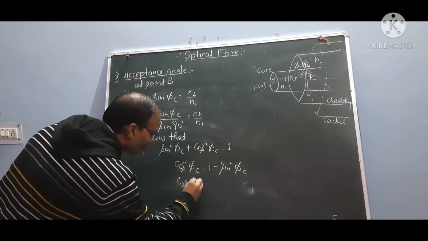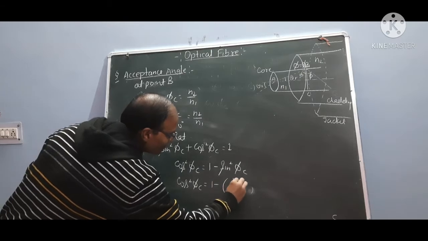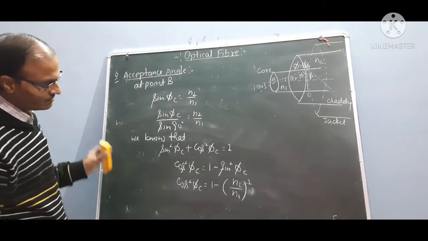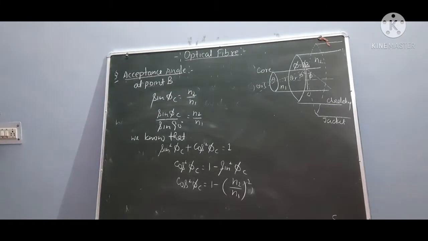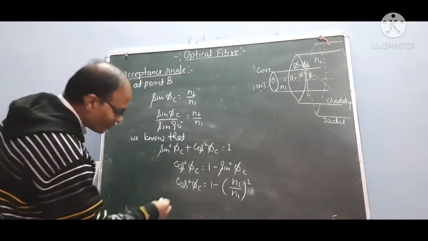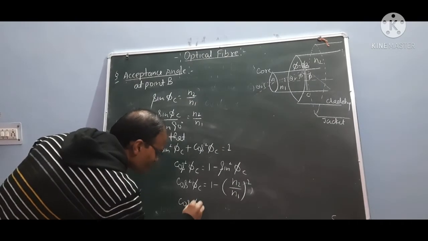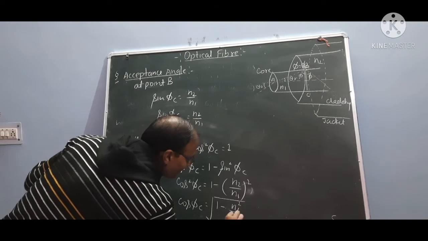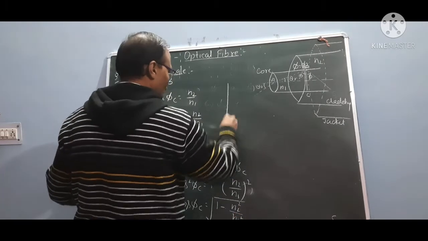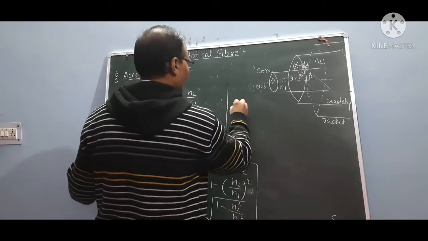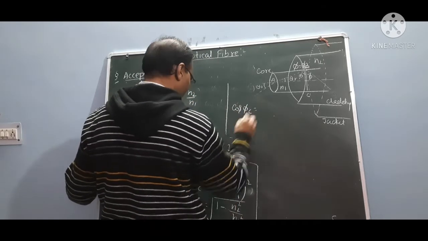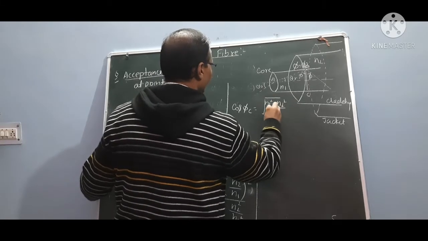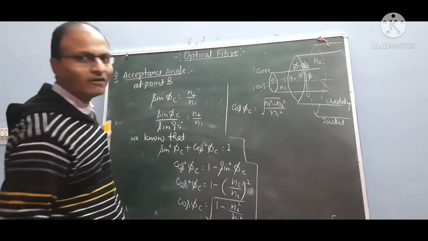So cos square phi C equals 1 minus N2 upon N1 whole square. Solve this equation. Now cos phi C equals under root 1 minus N2 square upon N1 square. Solve this equation. Cos phi C equals under root N1 square minus N2 square upon N1 square, the value of cos phi C.